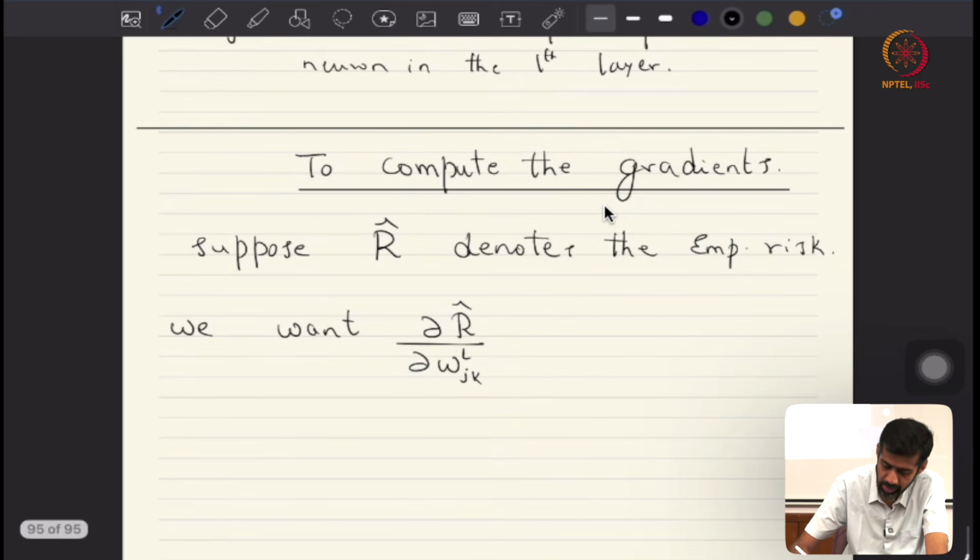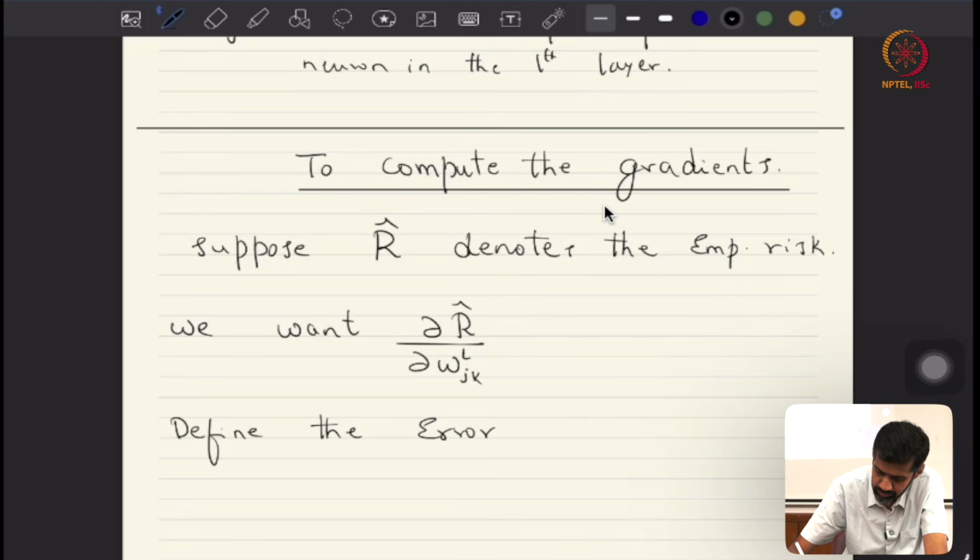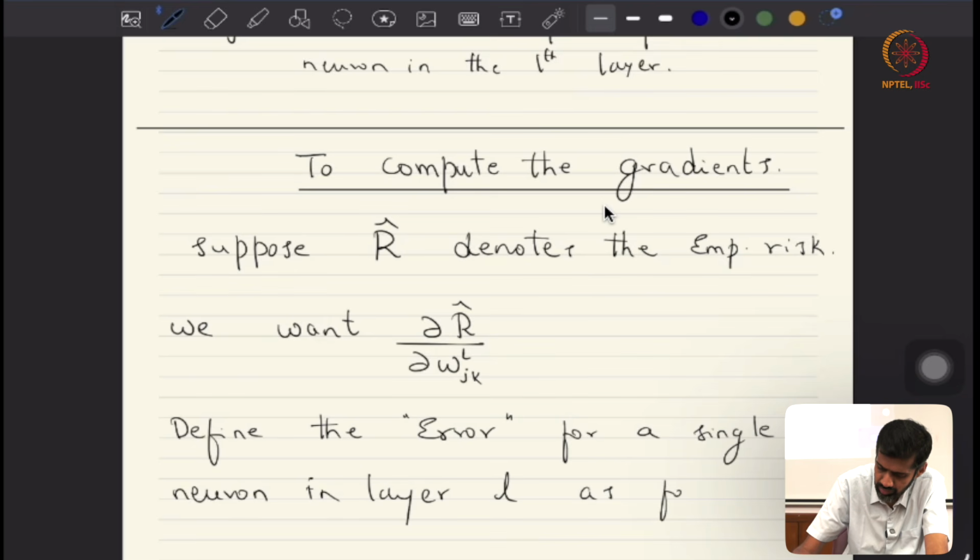So to do this, let us define the error for a single neuron in layer L as follows.